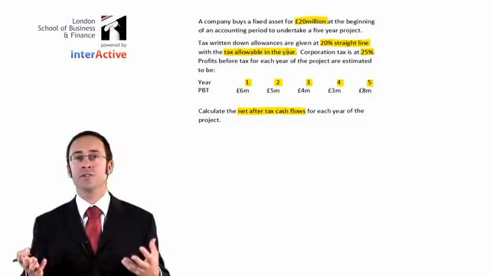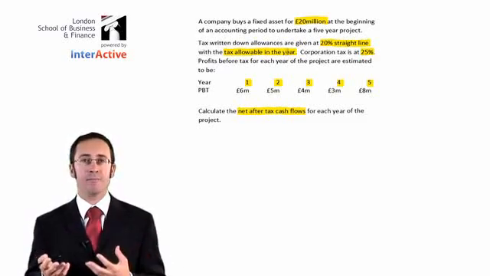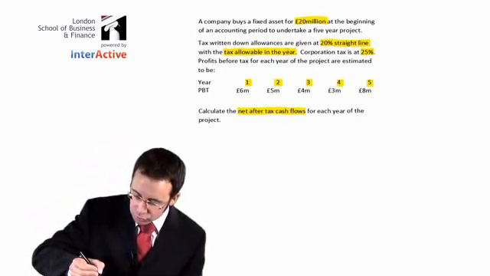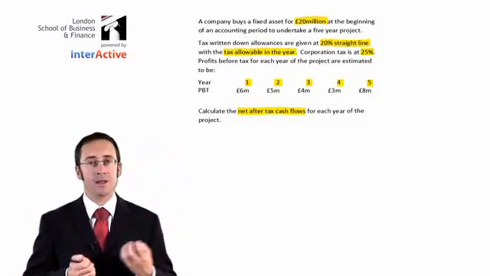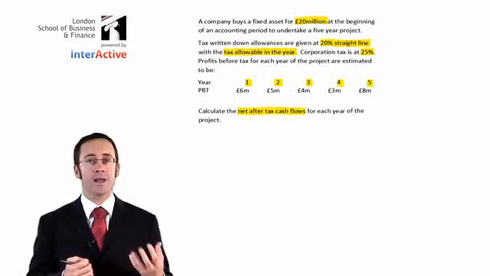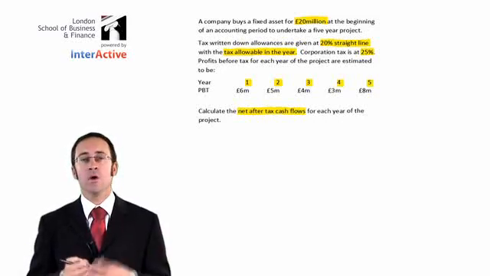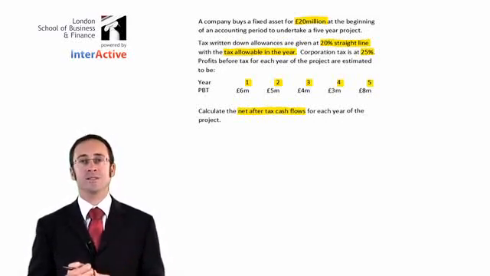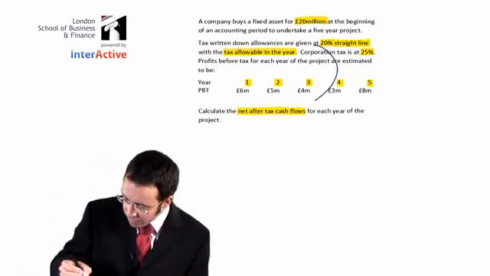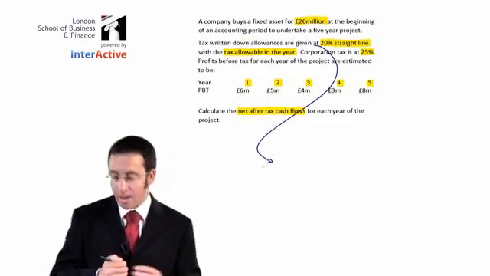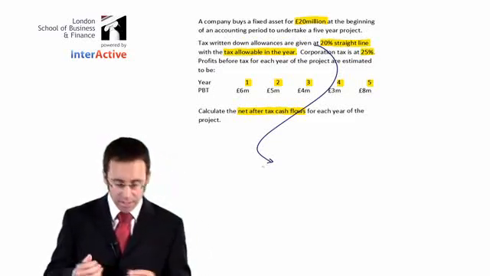However, before we go any further within the example, straight away we can begin to calculate the amount of capital allowances that the company can claim each year. We were told that it's a 20% allowance on the £20 million that you bought at the start of the project.